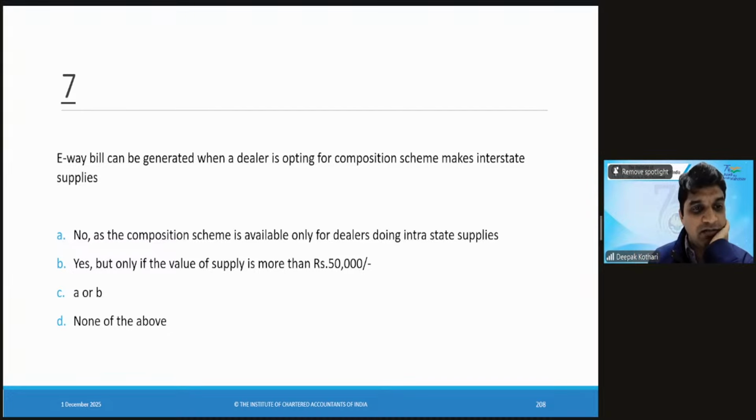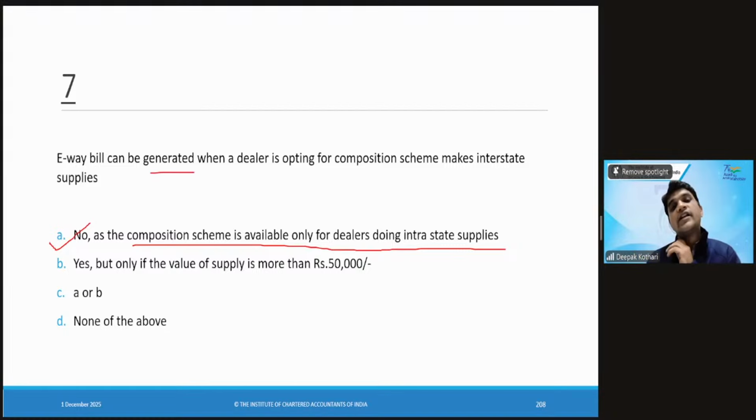C, A or B? Basically we know that the condition of the composition scheme is that he cannot make any interstate supply at all. So the person who has opted for composition cannot make any interstate supply. The composition scheme is available only for dealers doing intrastate supplies, so he cannot generate an e-way bill for an interstate supply, because he cannot make an interstate supply at all.